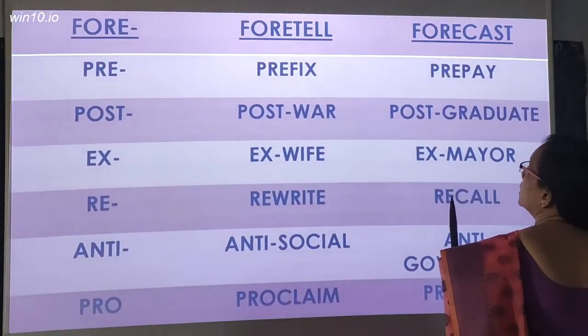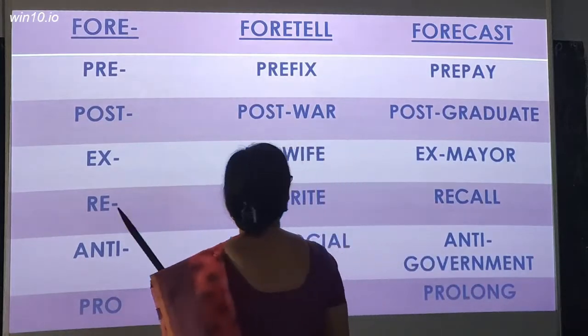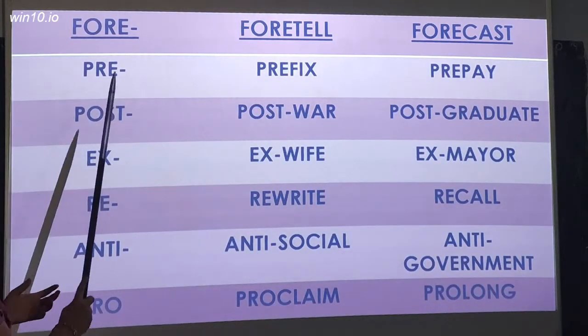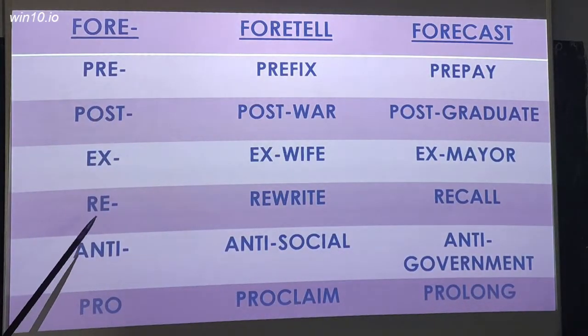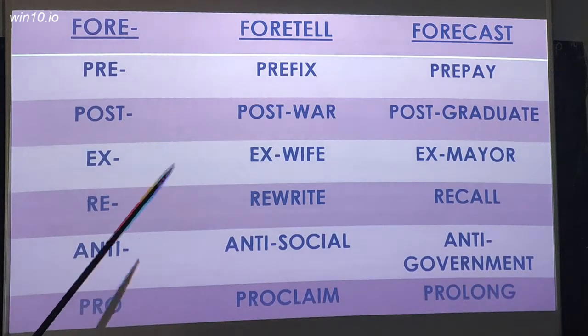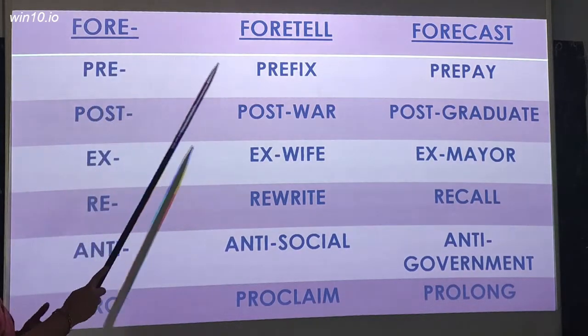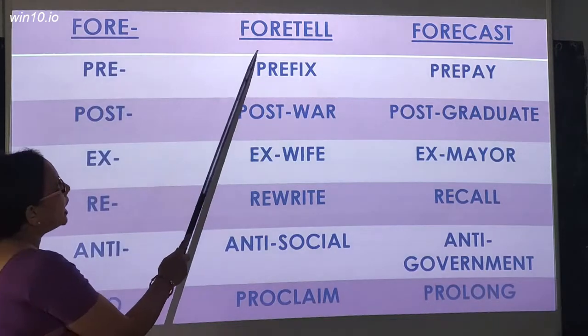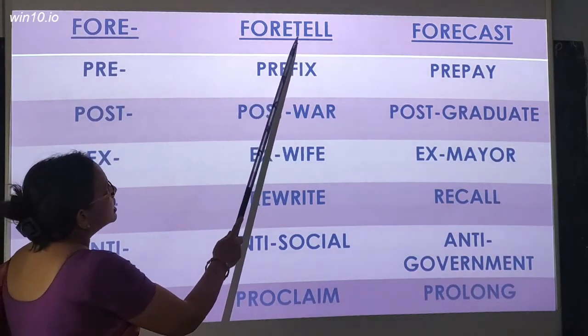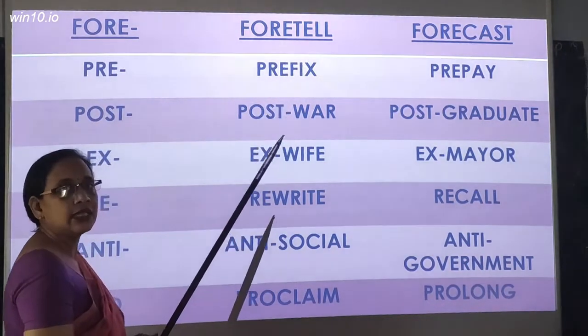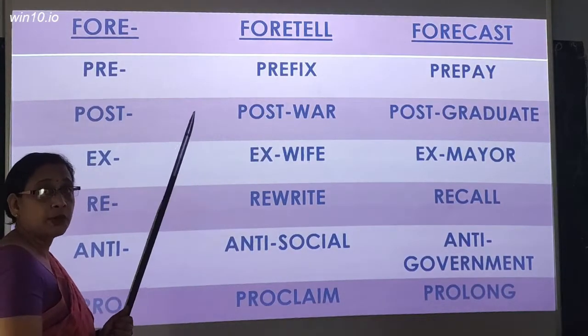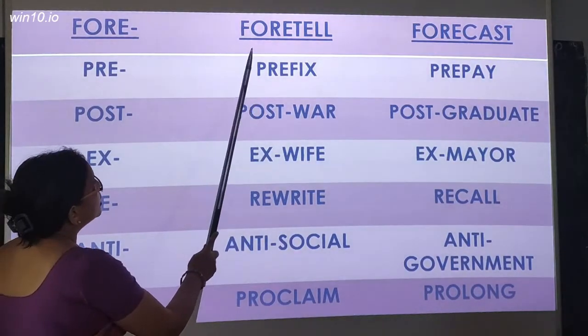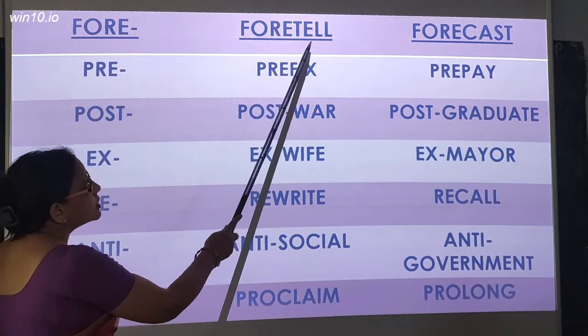Now come to some more prefixes. These are fore, pre, post, ex, re, anti, pro. We can make a new word by adding fore. Tell, T-E-L-L, is a primary word, and we put fore, F-O-R-E, before the primary word.